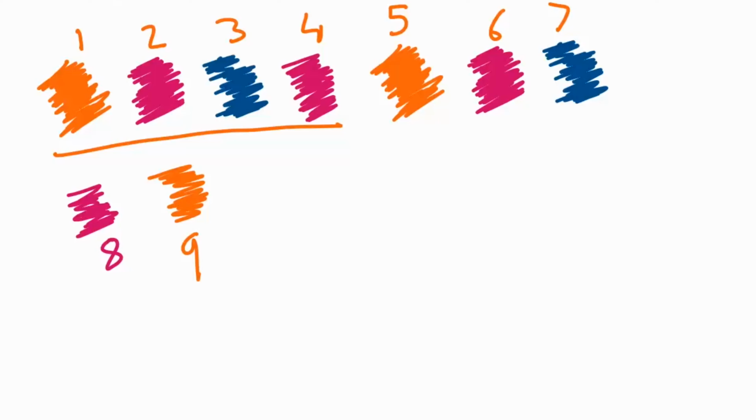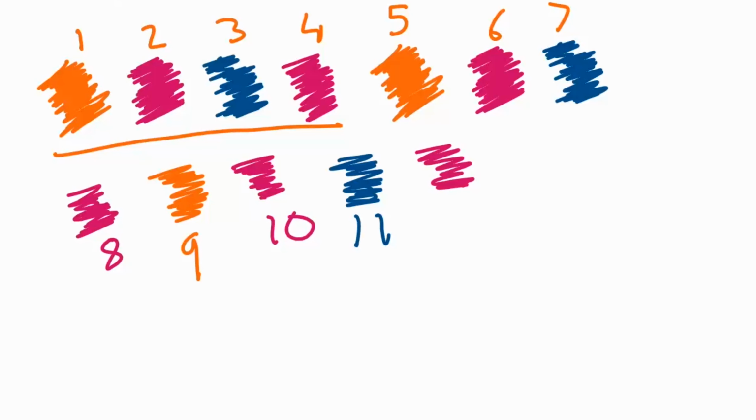The 10th one would be pink again. The 11th one would be blue because after pink it's a blue. This part. And finally, our 12th one is pink. So our answer here is pink.